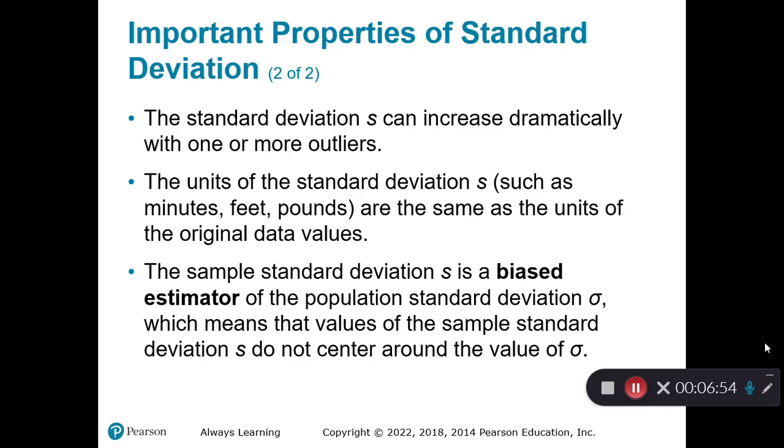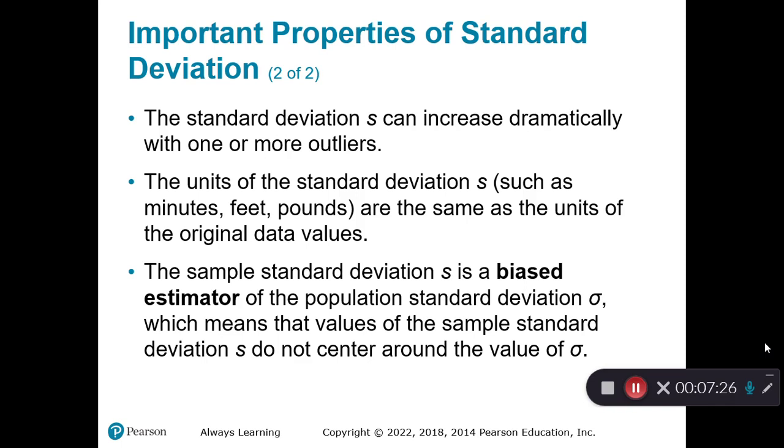There's a way to explain this a little bit better through a graph. If you can imagine a dartboard with a bullseye, the bullseye would be the population standard deviation sigma, and as we gathered samples from that population and calculated the sample standard deviations, those S values would not necessarily converge on the bullseye.